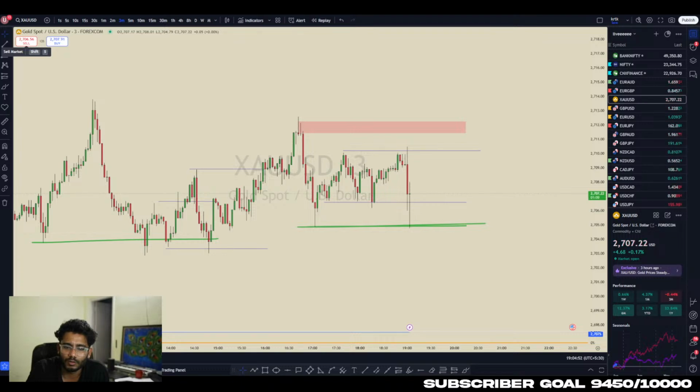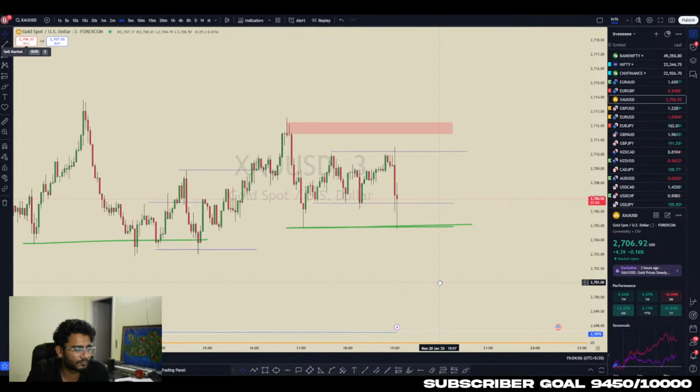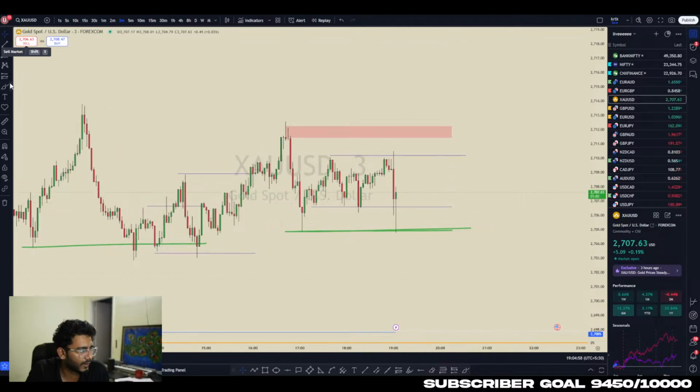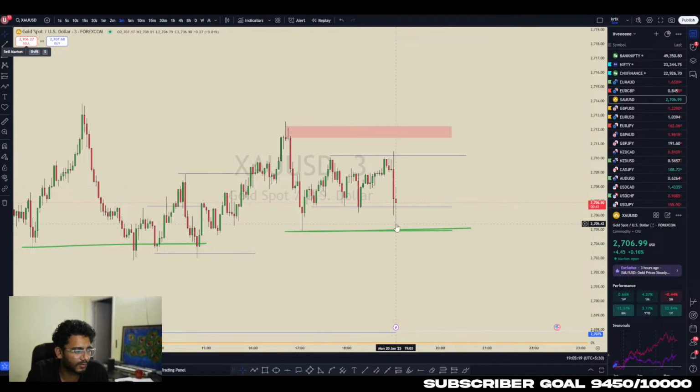That's why I told you to hold. So right now price is in the phase of inducement. If price induces this high and then breaks structure, then probably we will look for a continuation to the upside. If price sweeps the liquidity from the upside and then breaks the low, then probably we will look for a sell side entry. So it's simple. We don't have to enter here, because we don't know if price will hit your stop loss or not, or if you hit your entry or not.